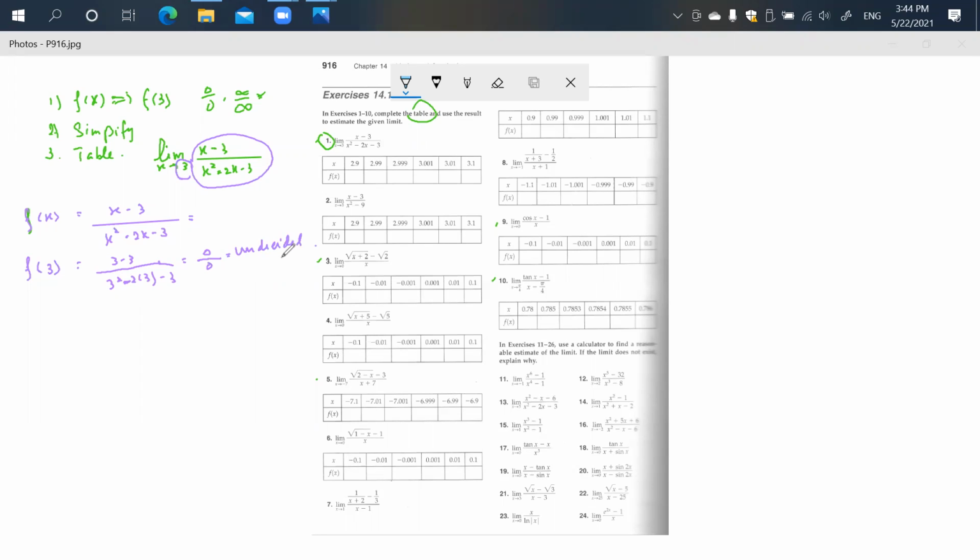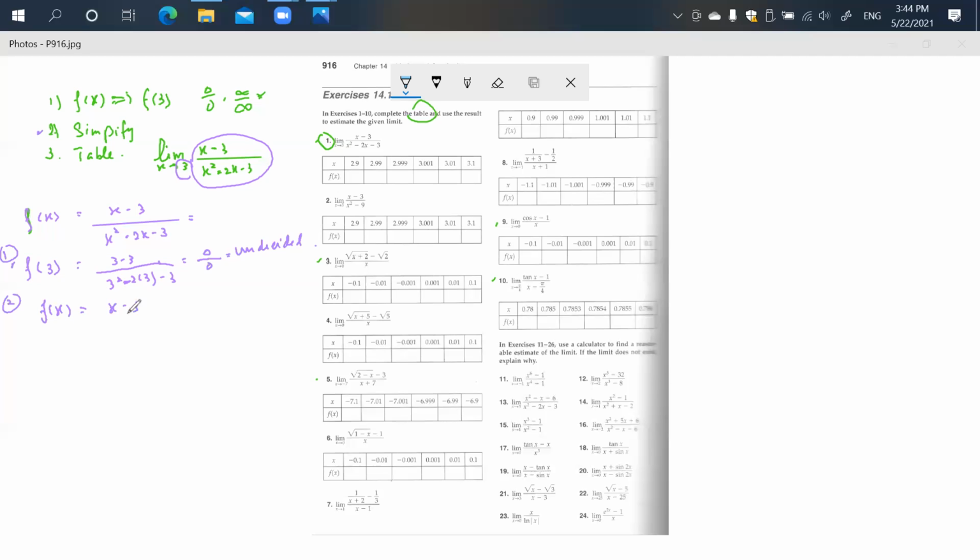In this case we couldn't do it, so we go to the second step, simplify. This is the first step, now we go to the second one. To simplify, look at f of x and see if we can simplify or not.